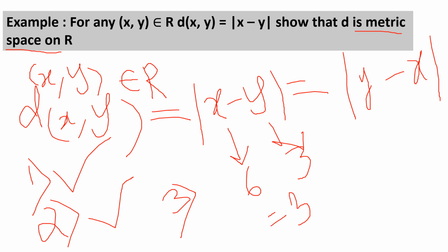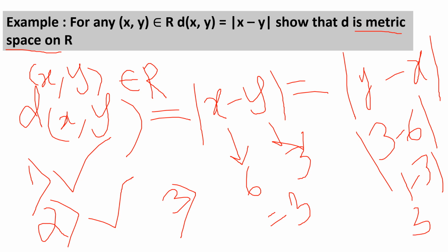And mod y minus x is 3 minus 6, which is mod of minus 3, and mod minus 3 will become 3 only. Then mod x minus y is equal to mod y minus x, which is nothing but 3 is equal to 3. So the third condition is also satisfied.